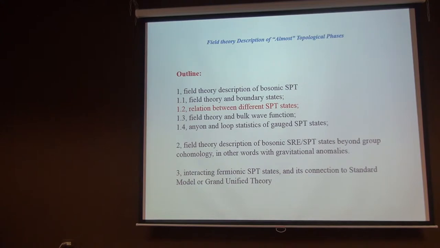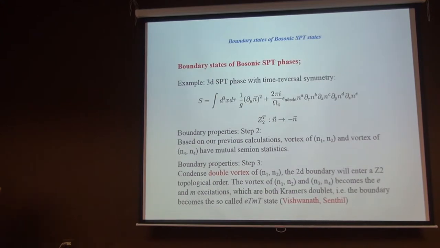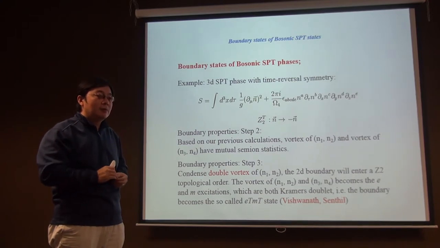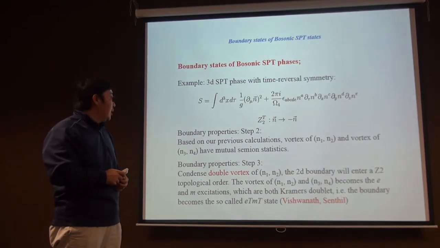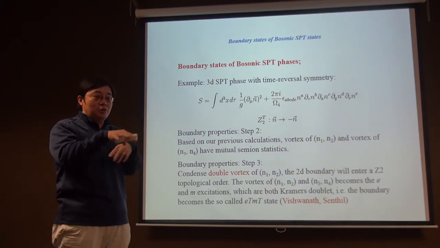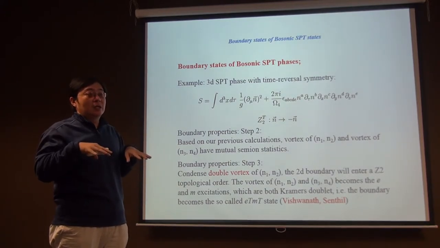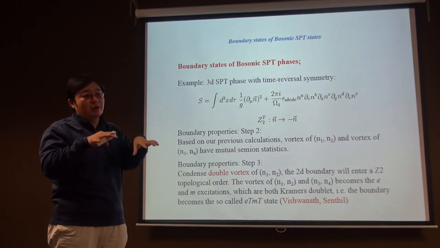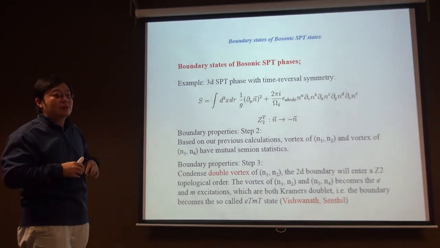Okay, so can I ask a question here? I'm a little bit confused. What about the N1 to N5 order systems? Yes, you can also do that, but you can only find two vortices that have mutual semion statistics. You can pick any two, but you can only have a pair of them, even after they are disordered.